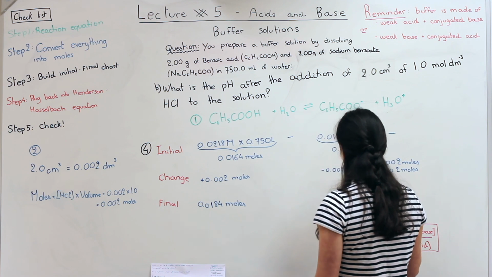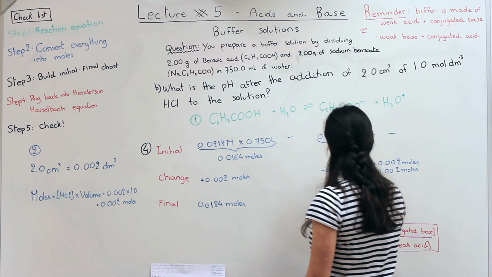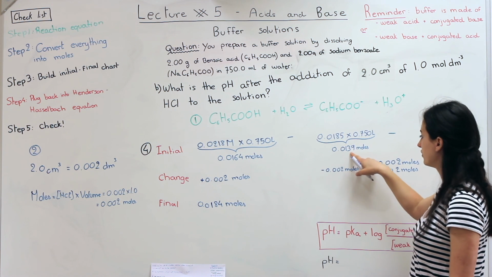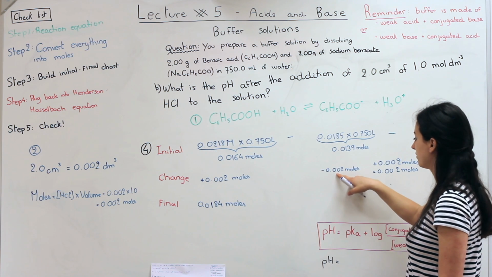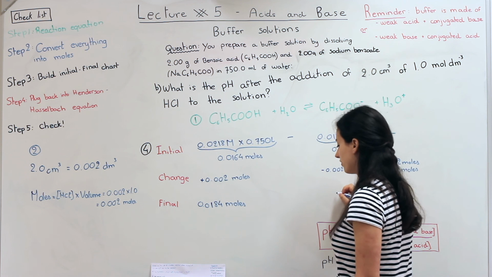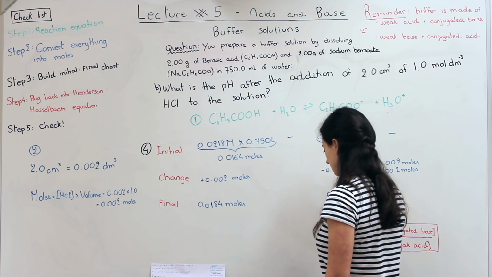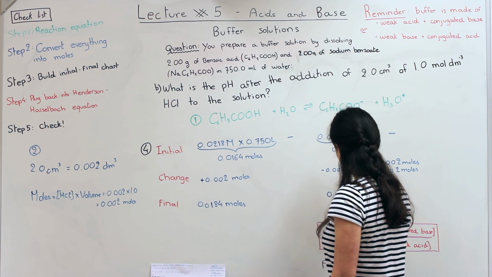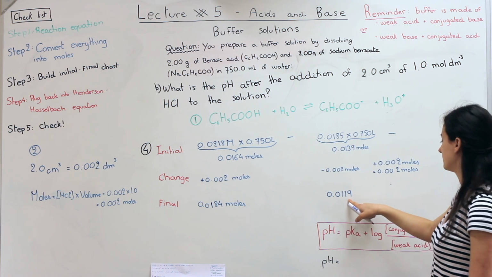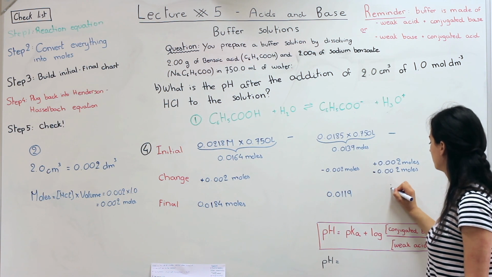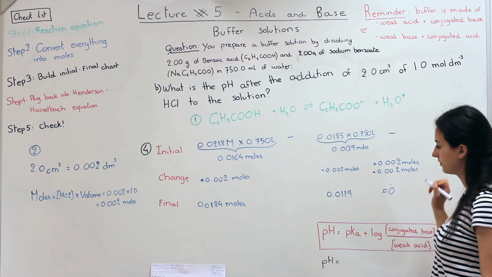And for the other one, we're going to have 0.0139 minus 0.002, which is going to come out to 0.0119. This one comes out to 0, well, more or less 0, we say.